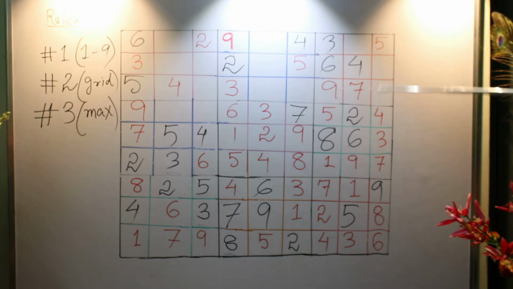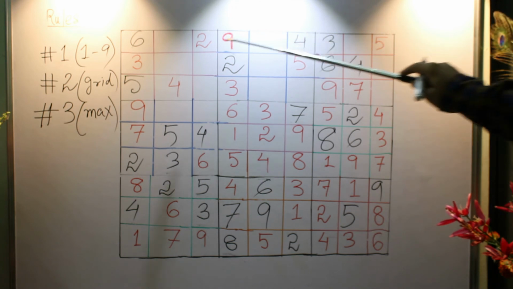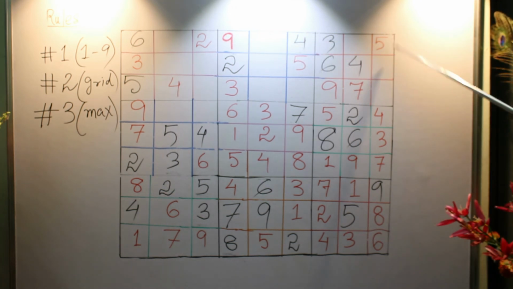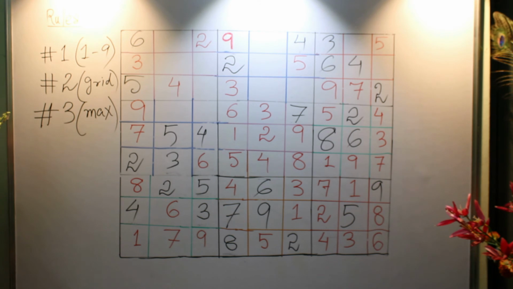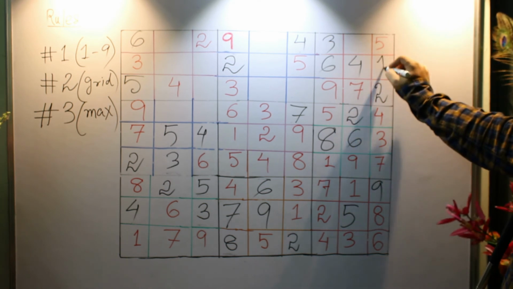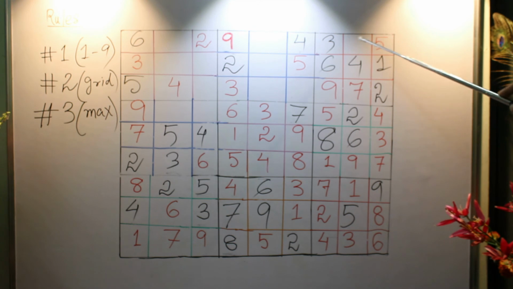Now see, for this grid, we cannot place 2 here because of this 2. We cannot place 2 here because of this 2. So the only place where I can put 2 is this, for this grid. Right? Now the number left is 1 for this particular column. And here for this particular grid, which number is missing?